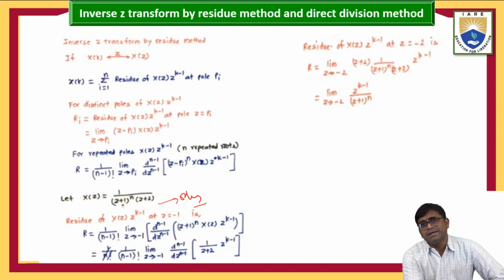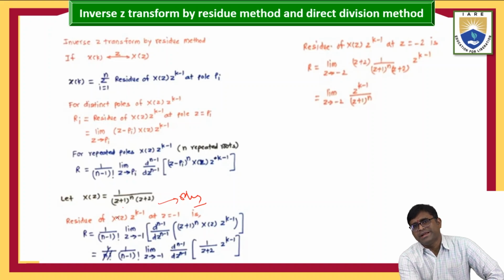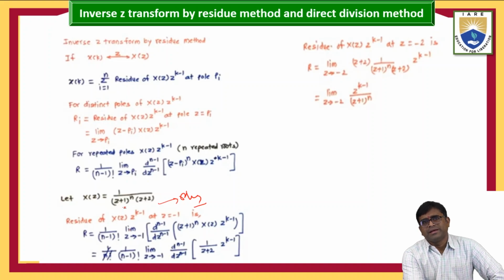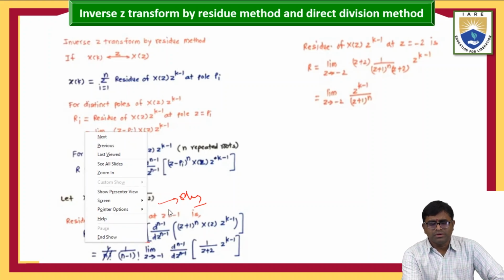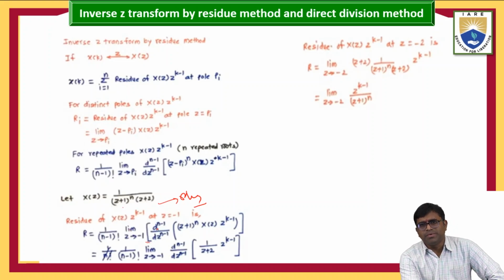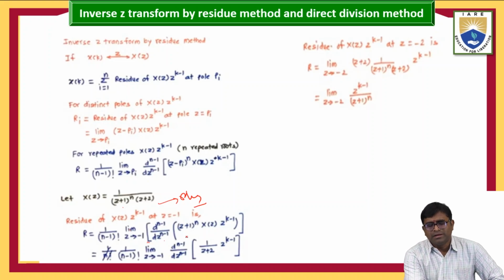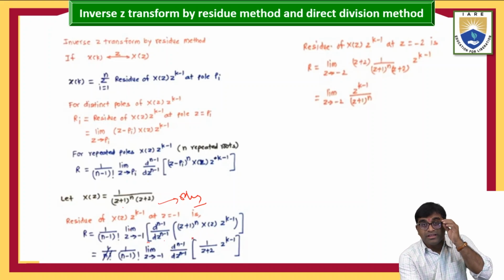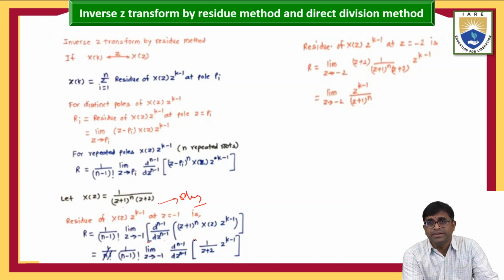So the formula for repeated poles is 1 by n minus 1 factorial, limit z tends to minus 1, since the pole value is minus 1, of the derivative of order n minus 1 of the function z plus 1 whole power of n into x of z into z power of k minus 1.